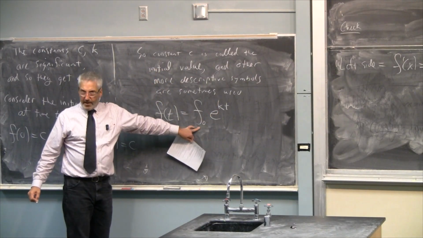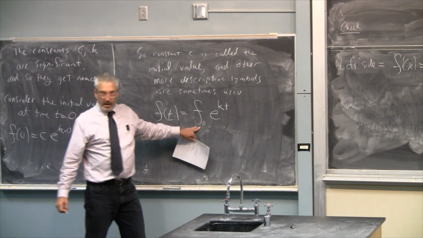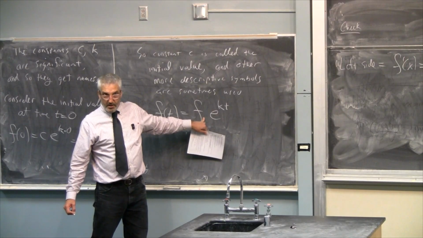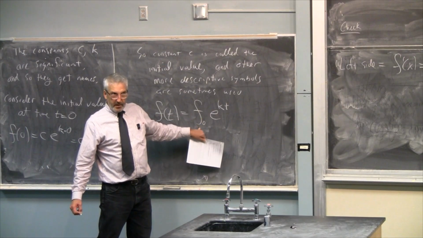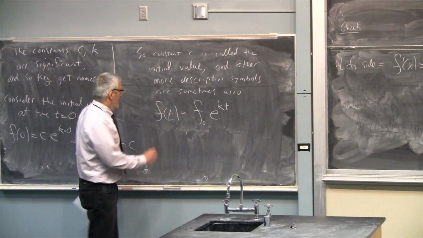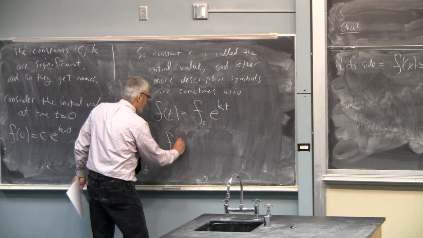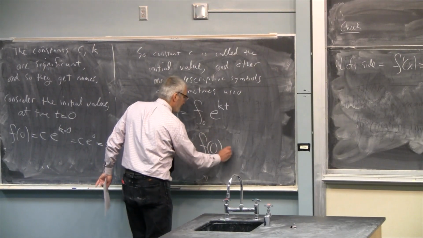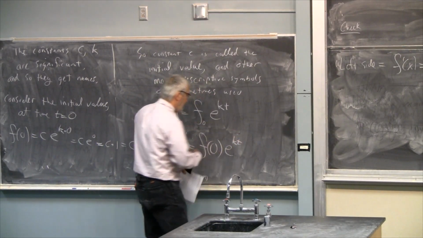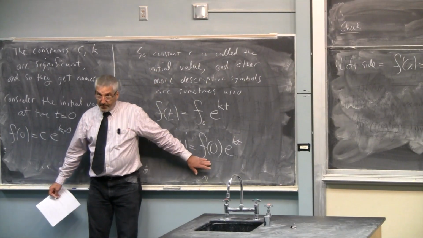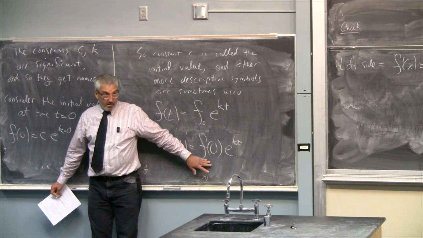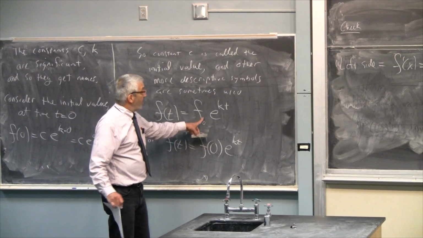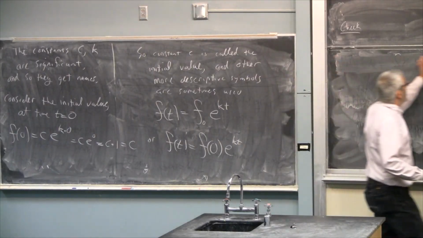So that's the initial value, the subscript 0, and the fact that there's not a variable sitting here. It's just f subscript 0. It's supposed to remind you that this is just a number, that's the initial value. Or f of t equals f parentheses 0 e to the kt. Same thing, there's no variable here. This means I've already substituted in 0, and this is the initial value. So whatever the number is that's parked in front, that's the initial value.